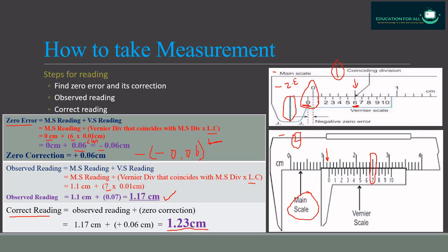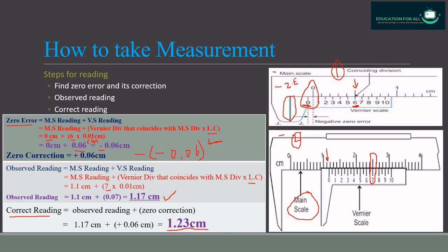So keep this in your mind, I'm repeating it: whenever you want to find zero error, the formula is main scale reading plus vernier scale reading. Whenever you want to find the observed reading, the formula is the same, main scale reading plus vernier scale reading. And the vernier scale reading formula is the same in both: the vernier division that coincides with the main scale division multiplied by the least count.